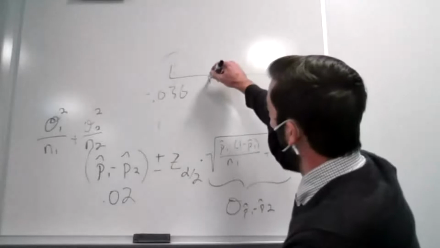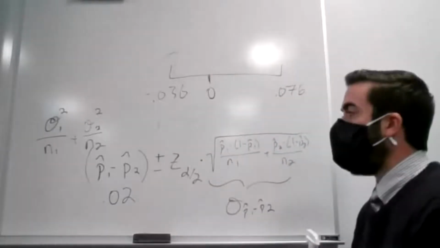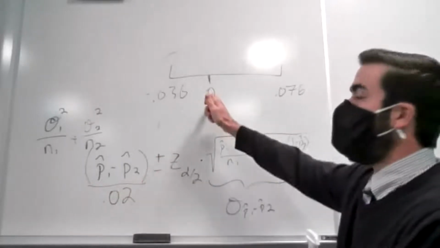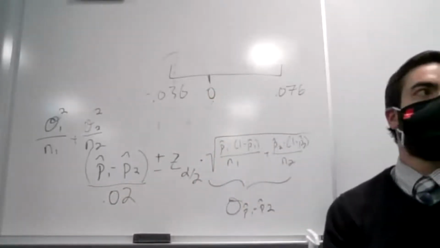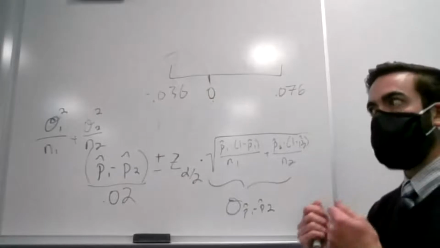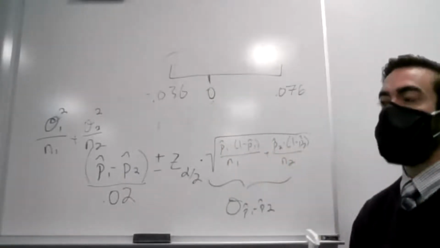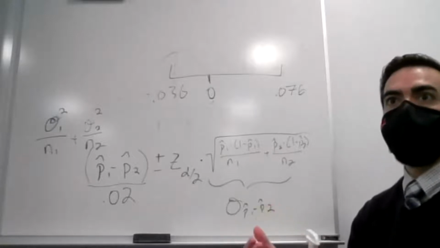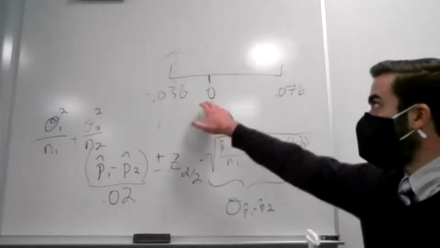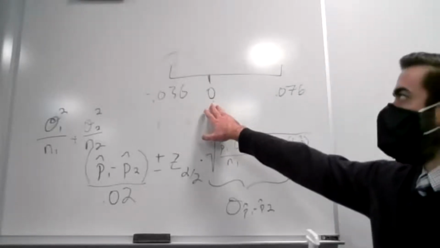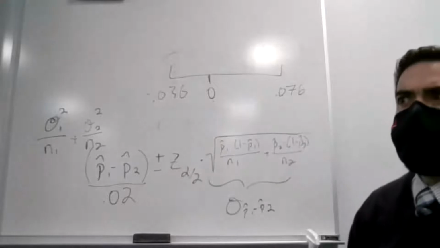One of the true possible values could be 0, which, if the statistic I'm interested in is the difference in the sample proportions, means one of the true values for the difference in the population proportions could be 0, which means they would be the exact same value. So it could very well be that from 2010 to 2011, the views remain the same. That's one of the possible values that it could be. Okay? Any questions on that before we keep moving?